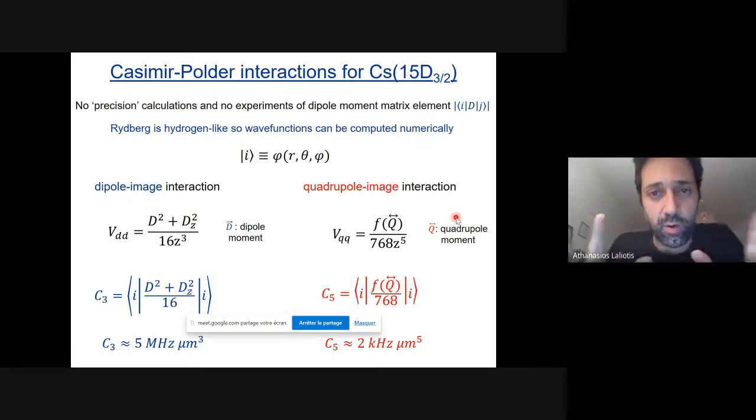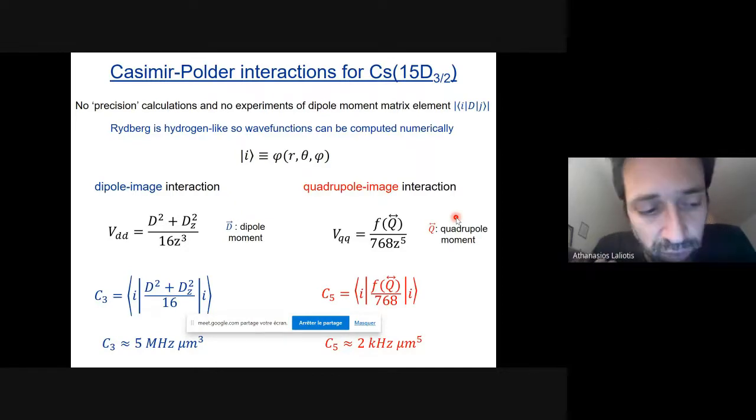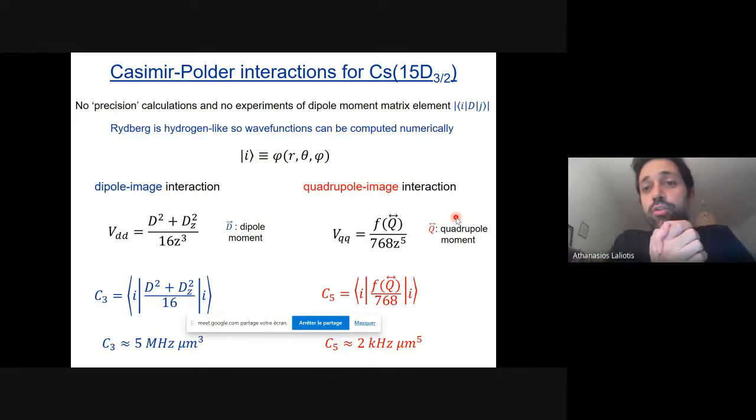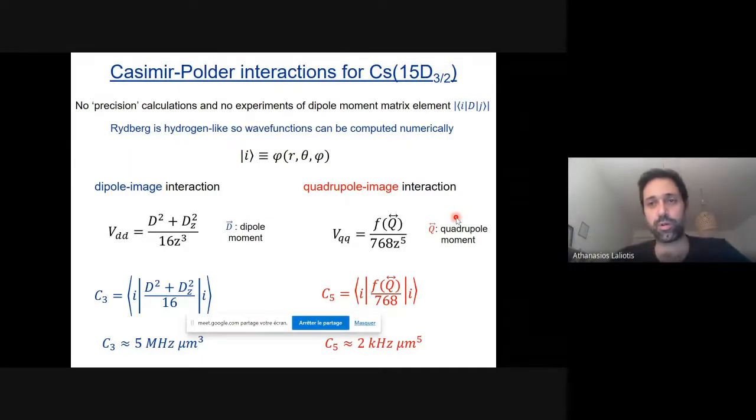And before going into it, we would like to do some theory in order to have an idea what to expect for this specific atom that we were aiming at.